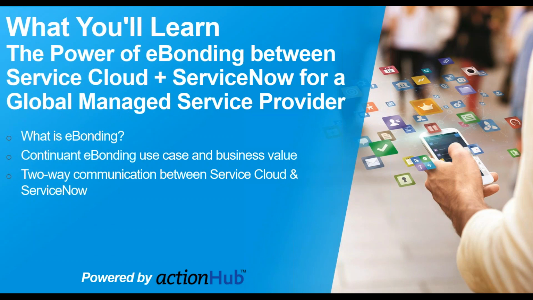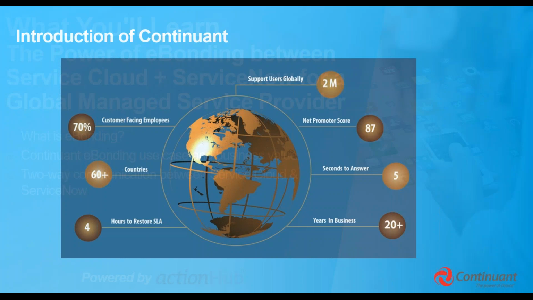And also, we will have a hands-on session where we can show how Service Cloud and ServiceNow are integrated both ways. So if you go to the next slide, Colin.